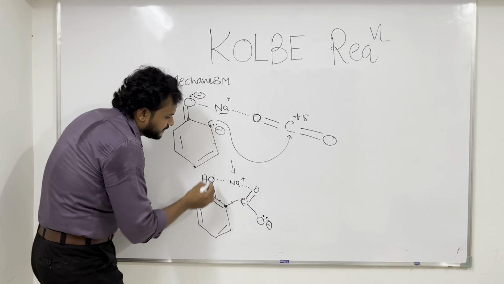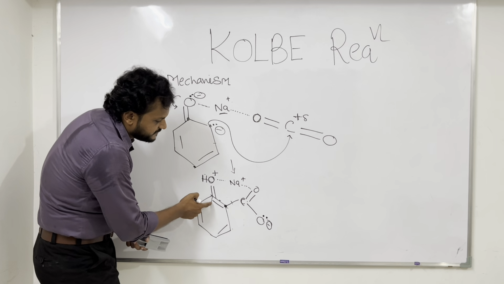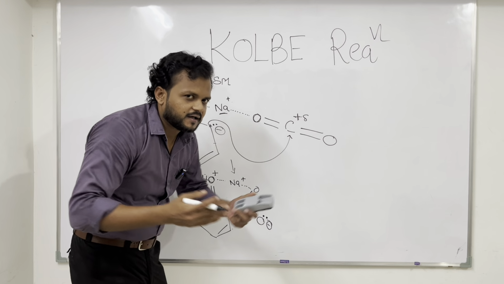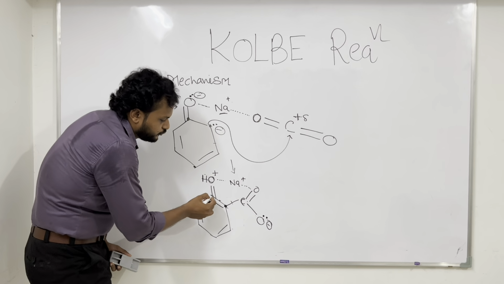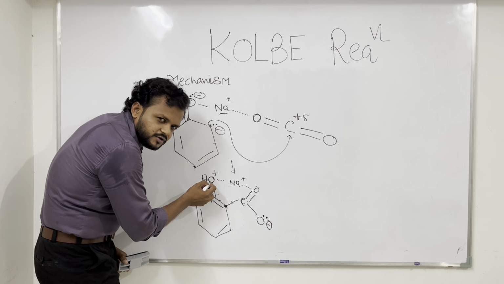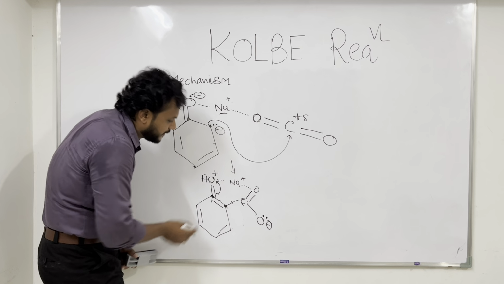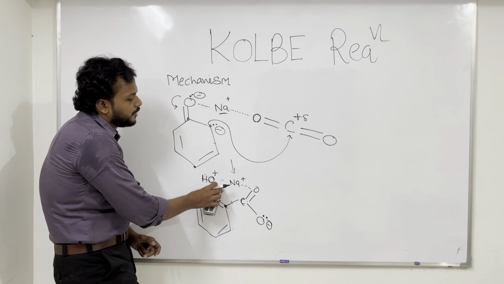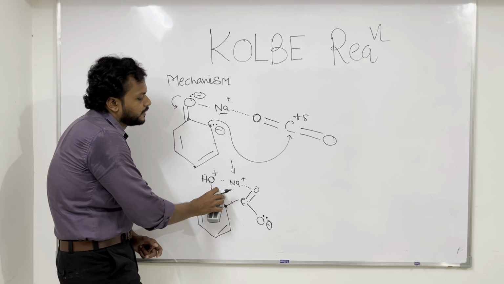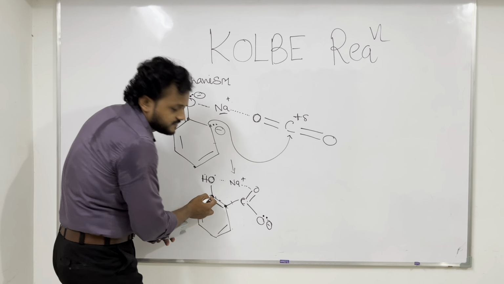At the same time, this oxygen is positive with 3 valency, and this carbon is with 5 valency, again highly unstable. And to stabilize that, this oxygen is going to accommodate this pi bond in the form of lone pair, and this bond is no more. So oxygen is stable as well as this carbon is stable as well.